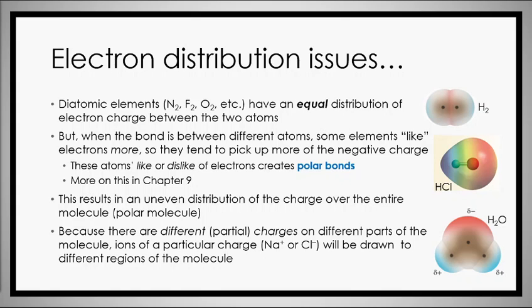Because everything is equal, there is no cheating or stealing some of somebody else's electrons. But if you were to replace one of those atoms with another atom that has a different electronegativity, then you're going to be looking at an unequal sharing of these electrons. The example I show here is HCl.